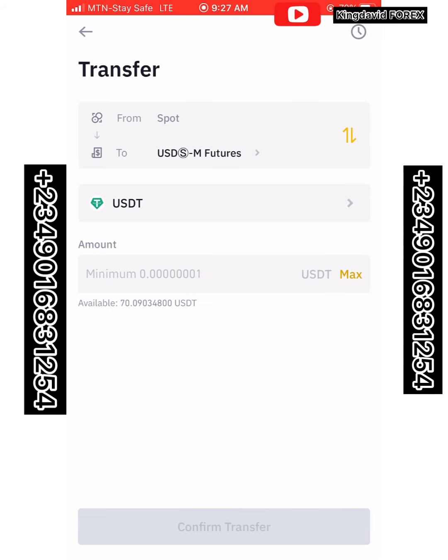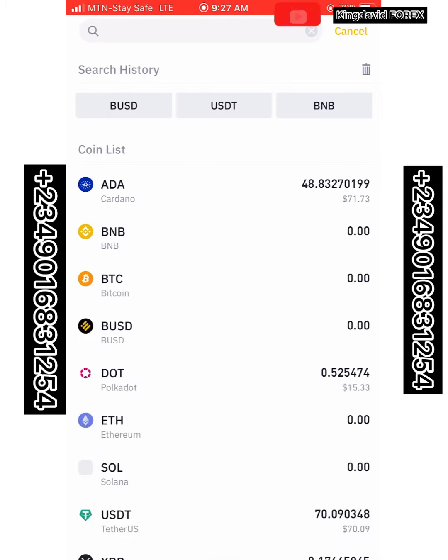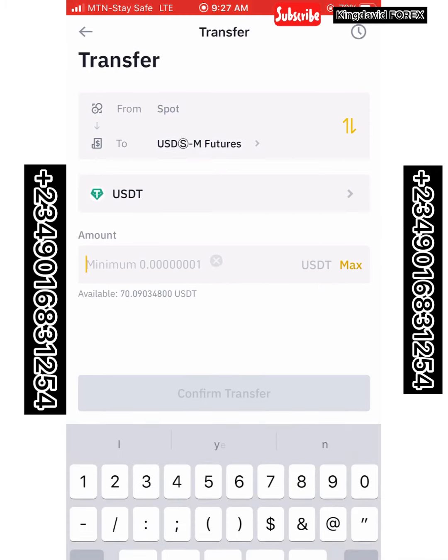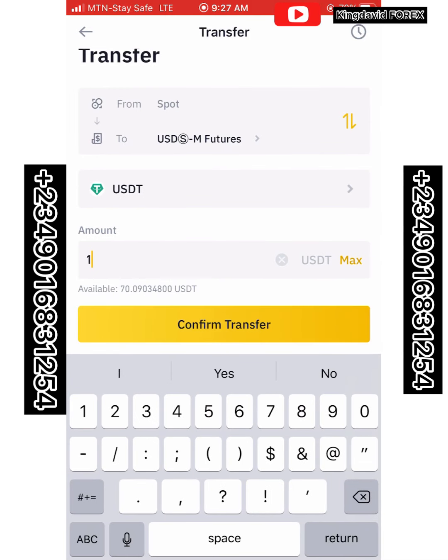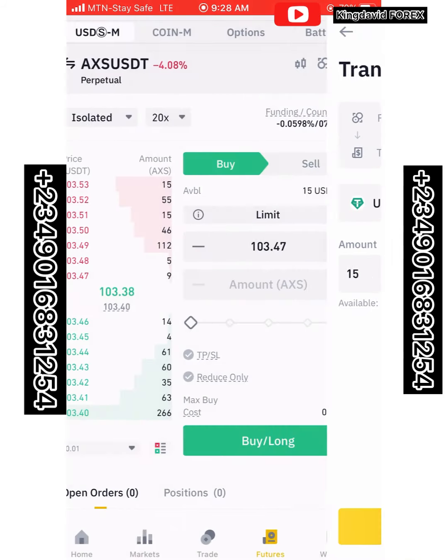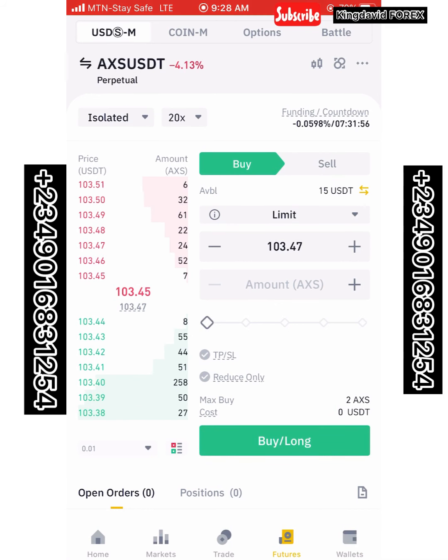Then from here you can see you have spot to USDM futures. Because you actually deal with just USDT alone. Okay, so I want to transfer just $15. I have about $70 there. Just transfer $15 to your futures. All right, now you can see the money is available as 15 USD dollars.